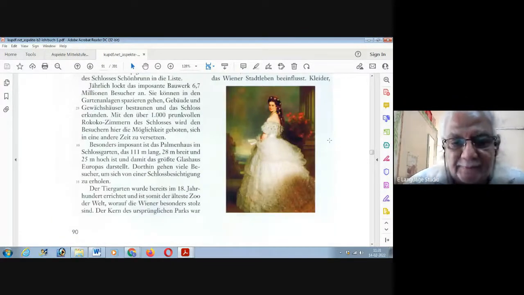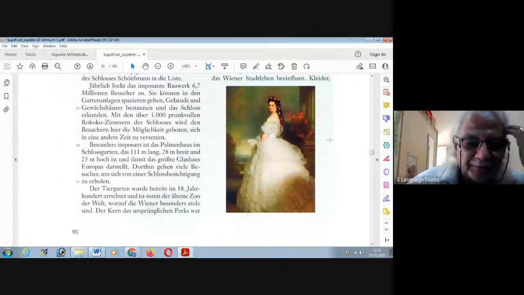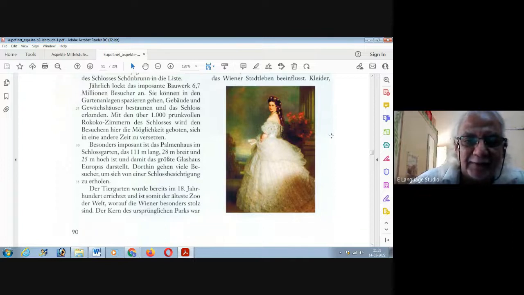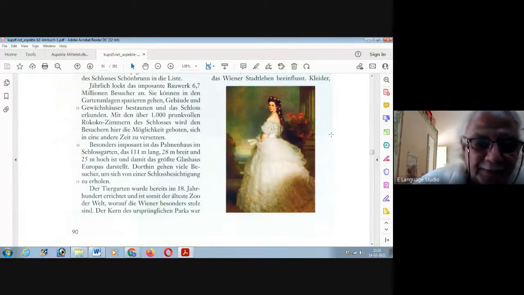And this was the queen who lived there. Does anyone know or can identify this lady? Austria. Anyone? History, Austrian history, European history?